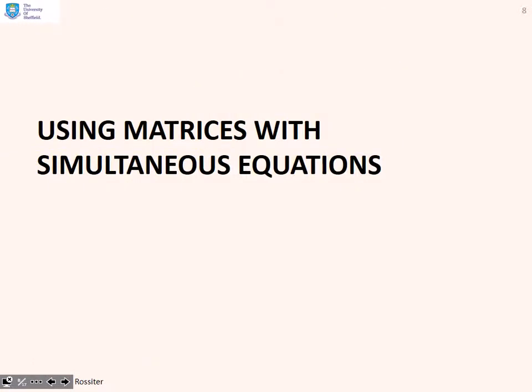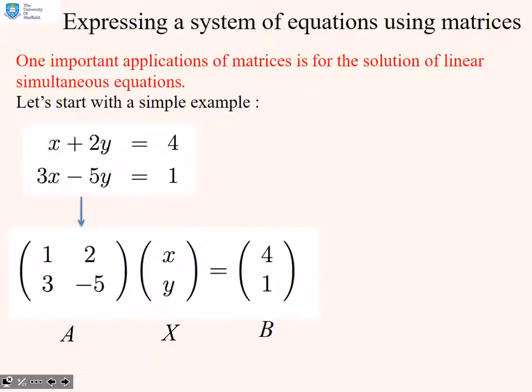So next, using matrices with simultaneous equations. One important application of matrices is for the solution of linear simultaneous equations. So you'll see here I've got two linear simultaneous equations, and I've represented them in matrix form.